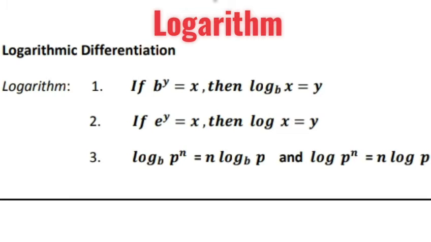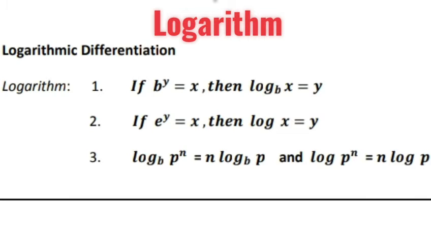Now, if in the place of b, you instead have the real number e, then we read it as log x to the base e is equal to y. Remember here, the base is not shown to you, but this will be the notation which you'll be using in class 12.